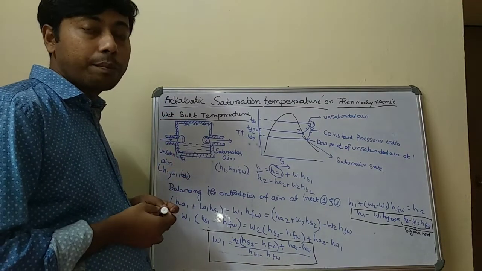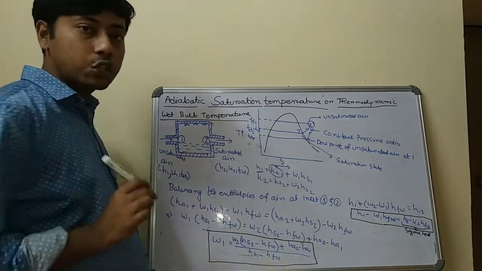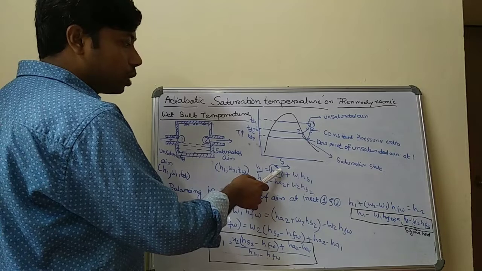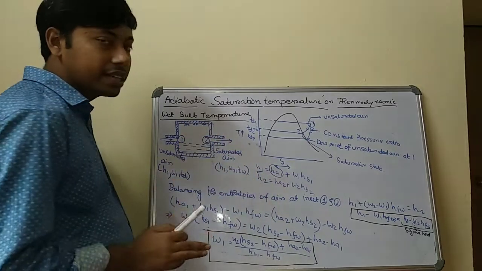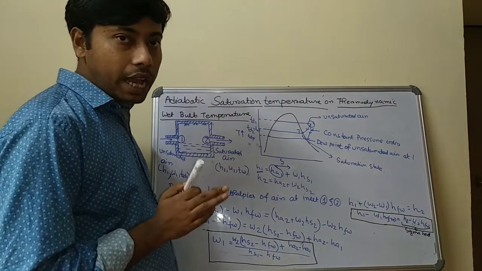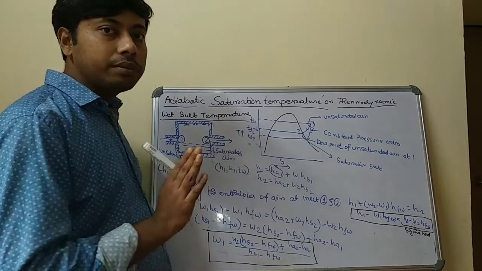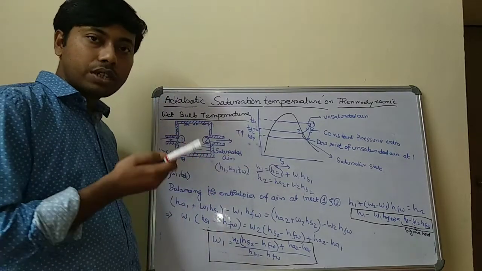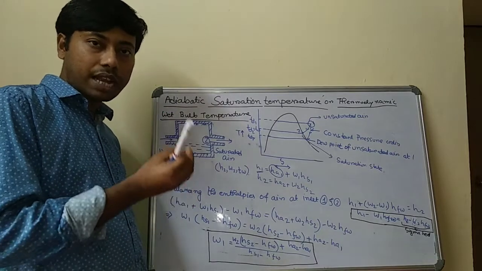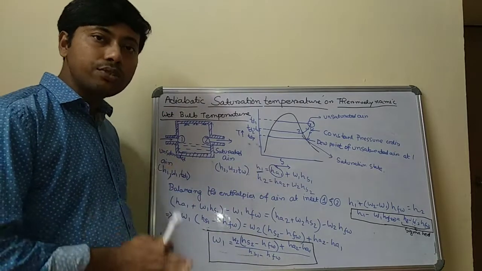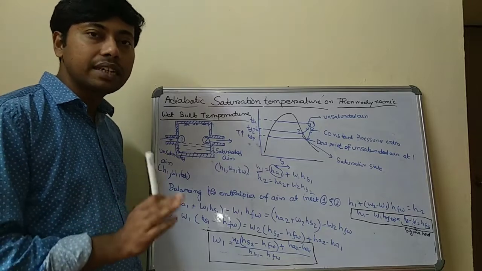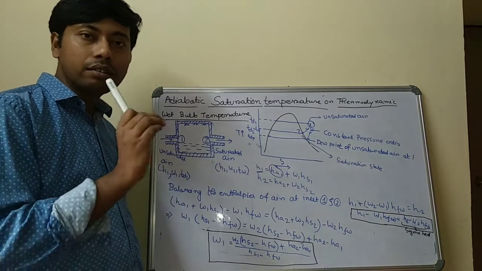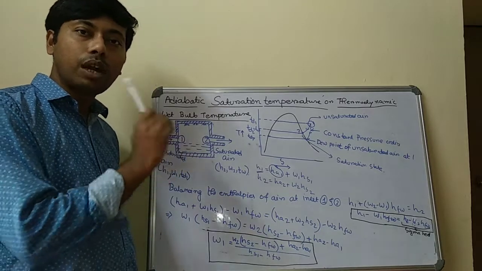the enthalpy of superheated vapor, so S indicates superheated. So H1, the enthalpy of unsaturated air, equals HA1, which indicates the enthalpy of dry air at the corresponding dry bulb temperature at section 1, plus W1, since there will be some value of specific humidity for unsaturated air, into HS1, which indicates basically the enthalpy of superheated water vapor at dry bulb temperature TD1.